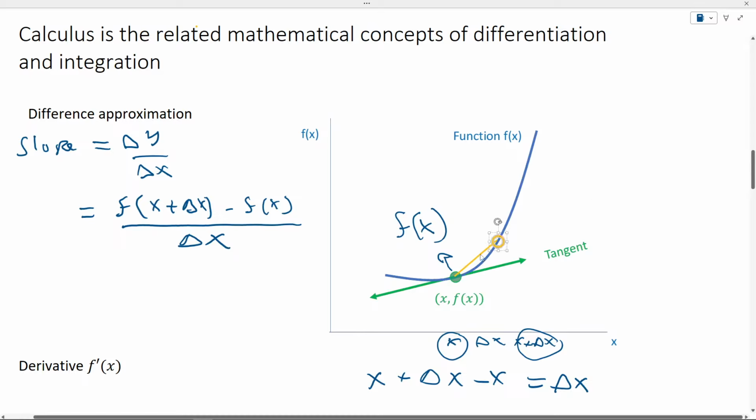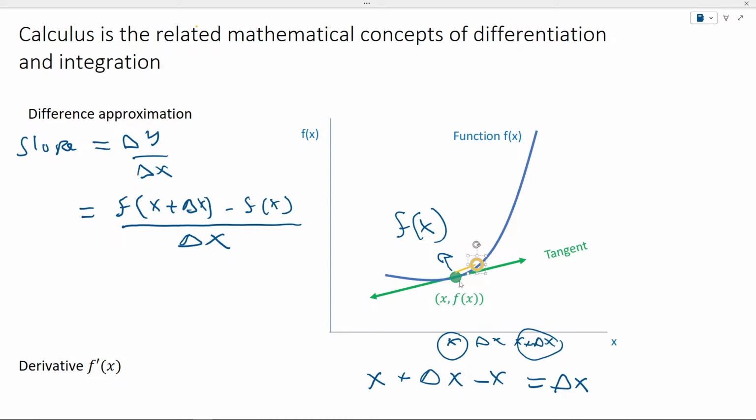Let me make it much smaller. See, as I make this much smaller, you see how the slope of this line is aligning and becoming the slope of this tangent line.